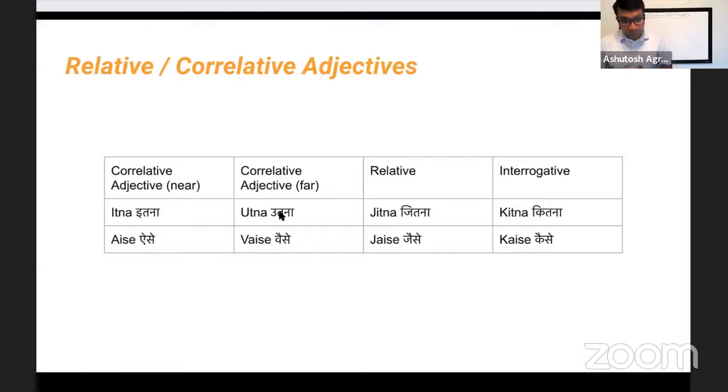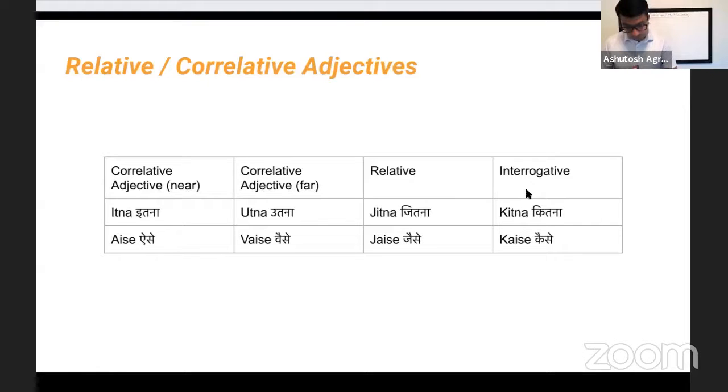Then the relative adjective for that is jitna. This is the same thing that we did in the previous two classes, but in the previous two classes it was around pronouns, and now it's around adjectives. So itna, utna, then the corresponding relative adjective is jitna, and the corresponding interrogative is kitna.